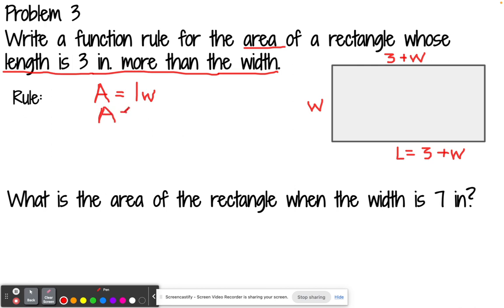So my length is 3 plus W. And my width is W. Now I can simplify this by distributing: 3 times W, 3W. W times W is W squared.